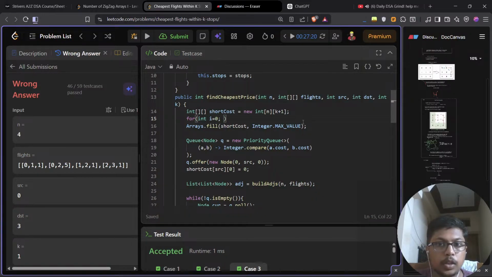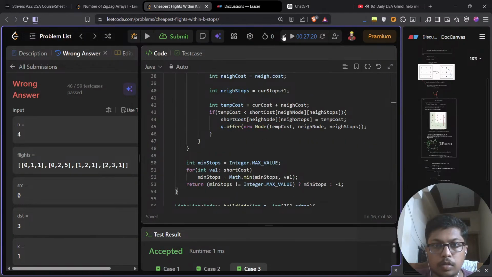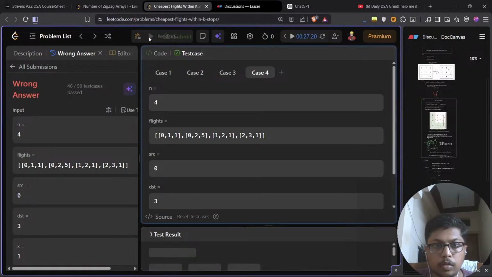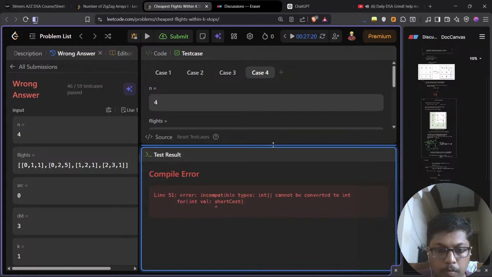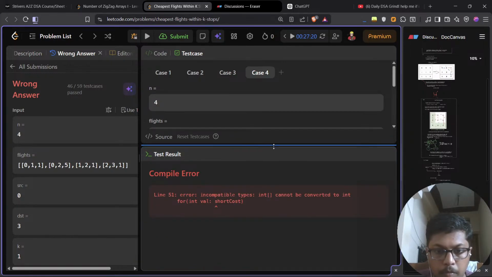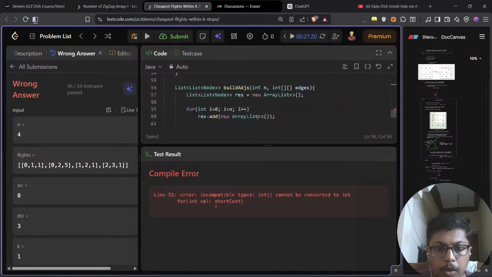So there we have this. And let's say it's a 2D array, right?